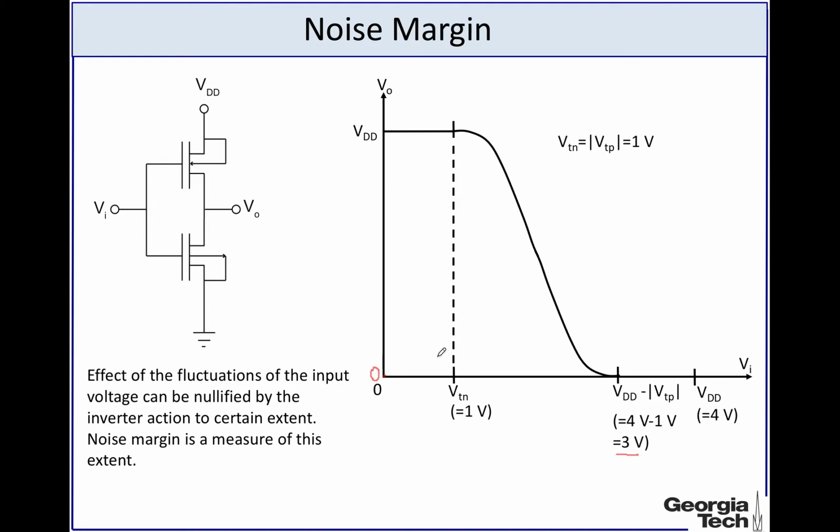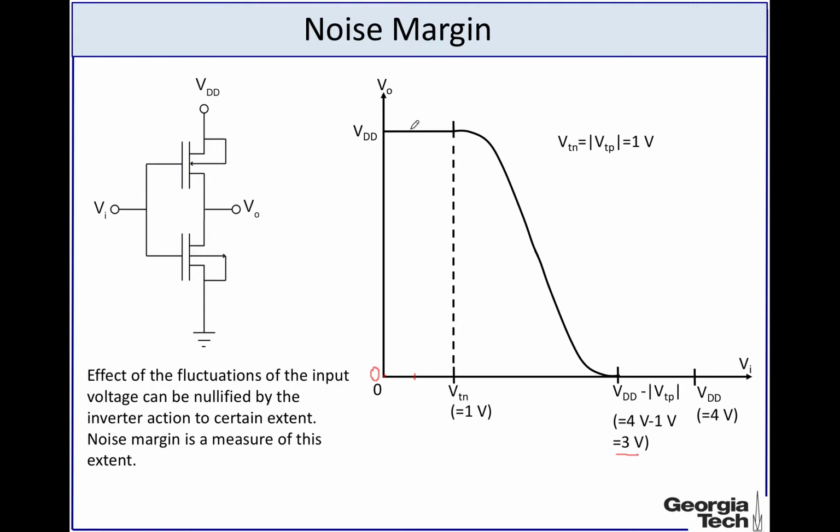Now, it is interesting. Think about the case where the input voltage is not 0. Say it's 0.5 volts or 0.4 volts or something like 0.7 volts. In all these cases, the output voltage will still be VDD.